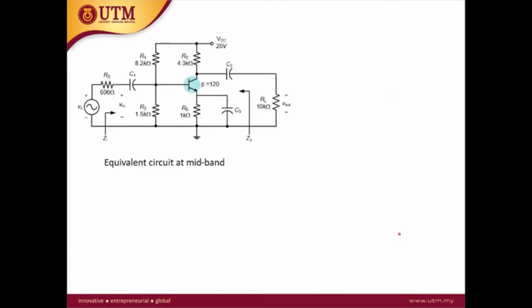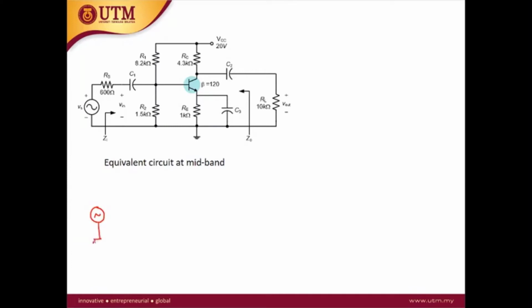Okay, after you have calculated the three parameters, you need to draw the equivalent circuit at the mid-band. So how can we draw this? You can draw starting from the supply here.